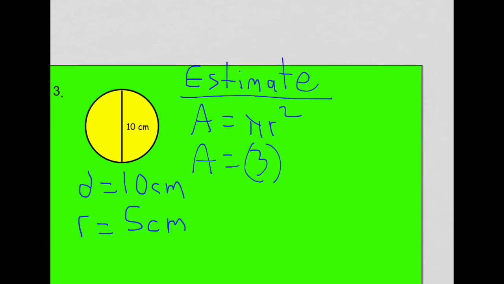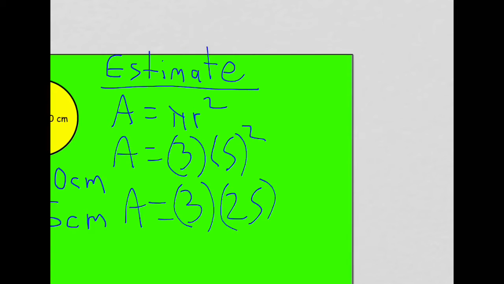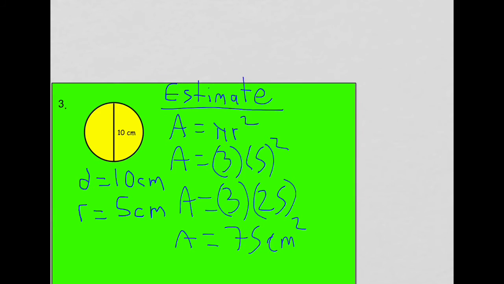Well, we discovered that the radius is 5 centimeters, so times 5 squared. Area equals 3 times. We have to do the 5 squared first. 5 squared means 5 times 5 is 25. Area equals 3 times 25 is 75. This is centimeters squared. Approximately, right? It's not the exact answer, it's an estimate.